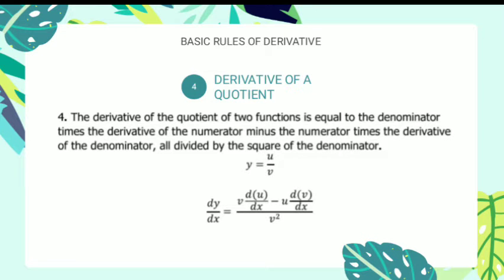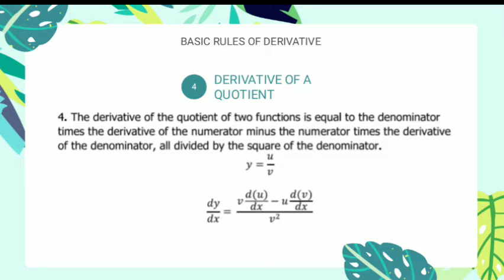The next rule of derivative is the derivative of a quotient. The derivative of a quotient of two functions is equal to the denominator times the derivative of the numerator minus the numerator times the derivative of the denominator, all divided by the square of the denominator. So y is equal to u over v.